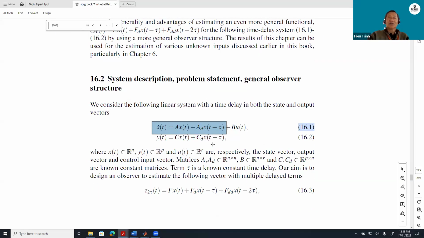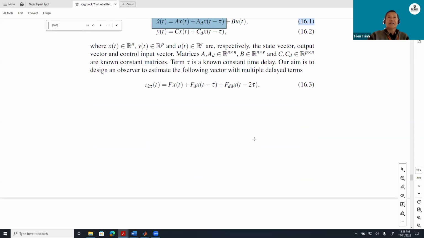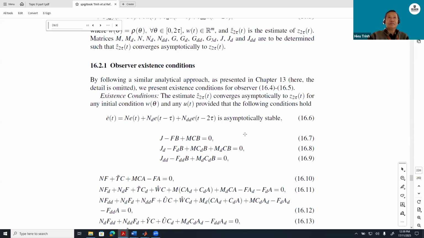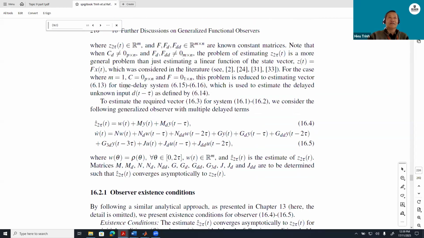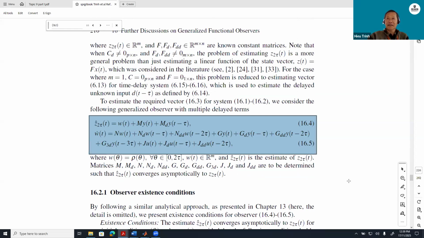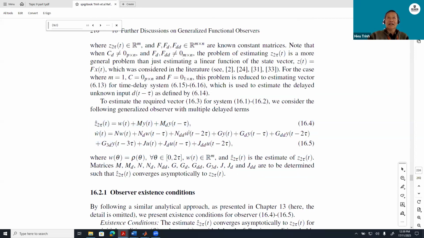So in conclusion, what we have done in this chapter, in this presentation, is to show that we look at a general structure observer to estimate a more general functional. We also demonstrate that with this extra term, even for just a standard functional observer problem, we have relaxed the existing conditions from the previous references, like 2 and 24.